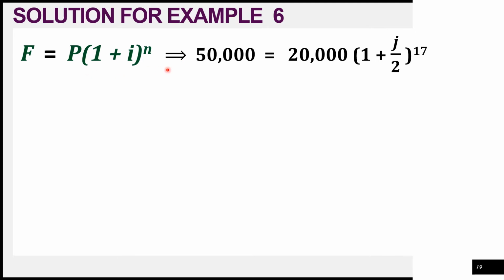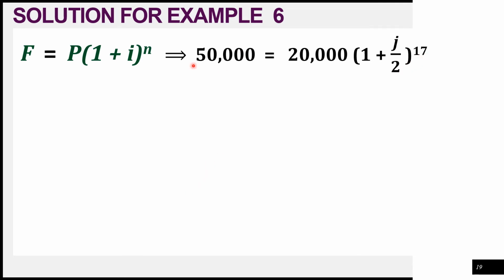Now, substituting the values, we have our F, which is 50,000 pesos, equals our P, which is 20,000 pesos, times the quantity of 1 plus i, where i can be derived by dividing j by m. Take note that the money will grow semi-annually. Therefore, our m is equal to 2. And then this quantity will be raised to the power of 17.